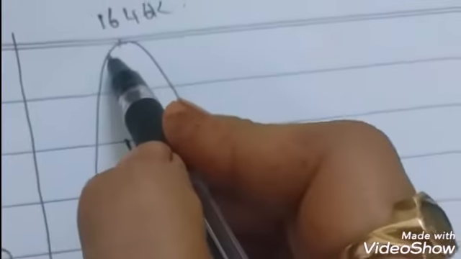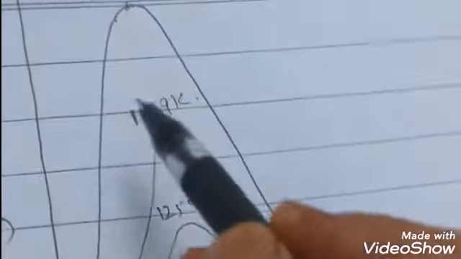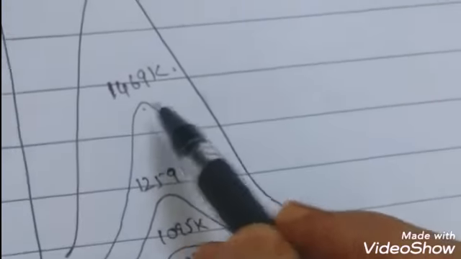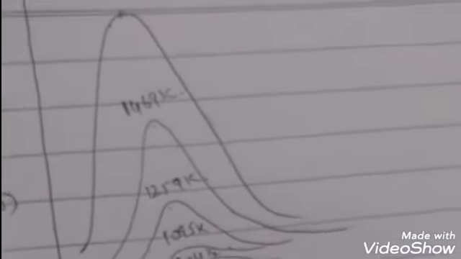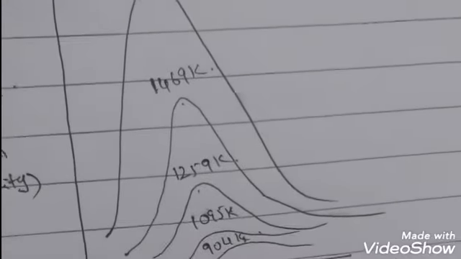So at any temperature, the emission from a black body is composed of radiations of all wavelengths. At this particular temperature we will get the radiation of all wavelengths, and also at this particular temperature we will get the radiation of all wavelengths. That is the first result.